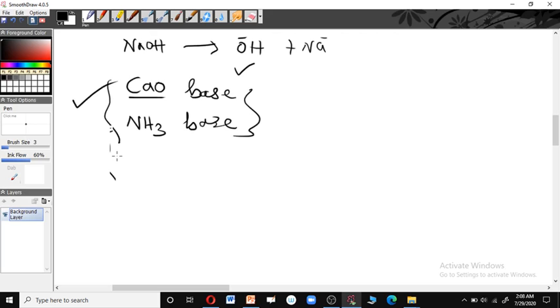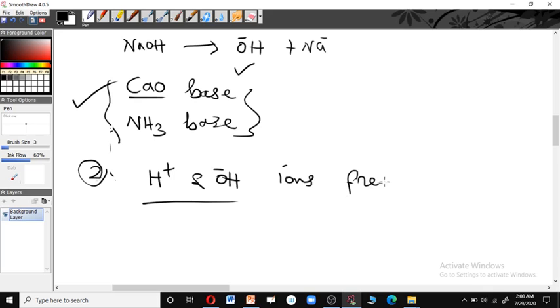Another type of limitation was that Arrhenius says the H plus and OH minus ions are freely present in the solution, freely exist in water.